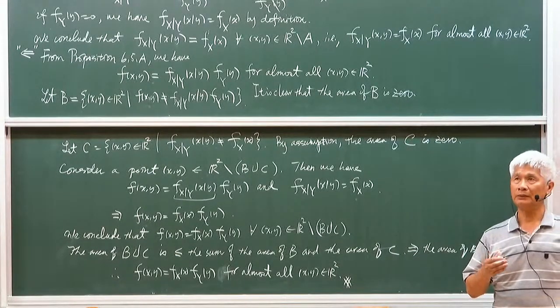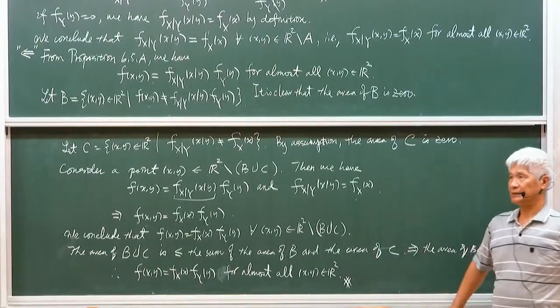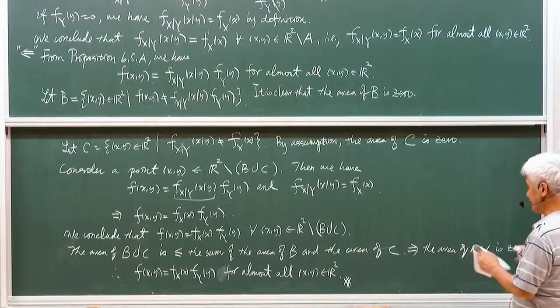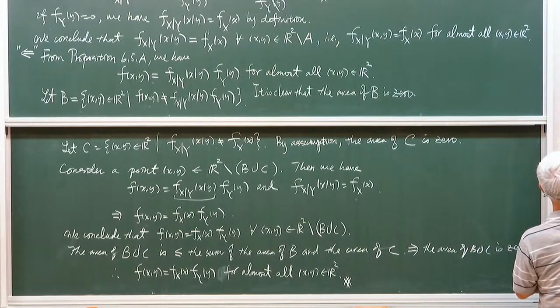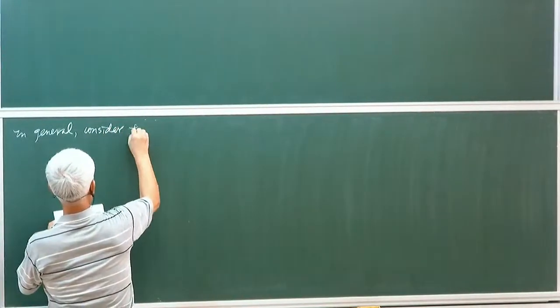Okay, so now we have discussed conditional distributions when we have two jointly absolutely continuous random variables with a joint PDF. Now we extend this result to a finite number of jointly absolutely continuous random variables. Okay, we consider two collections.